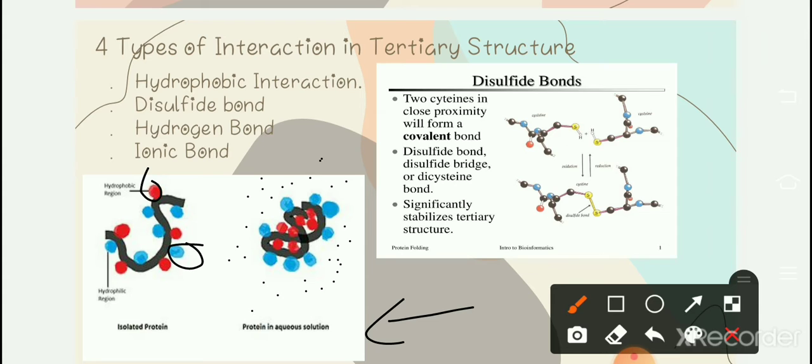So yung blue section will tend to lie on the surface, while the red section will tend to aggregate at the center and form the core of that protein. So a protein in an aqueous environment will have a hydrophobic core and hydrophilic surface. And the hydrophobic interaction is an intermolecular interaction.